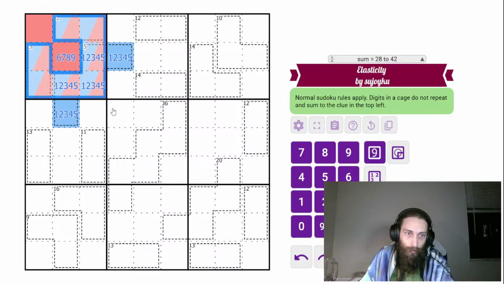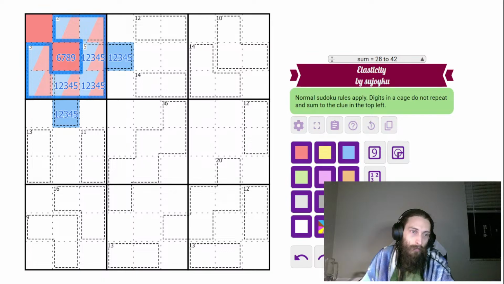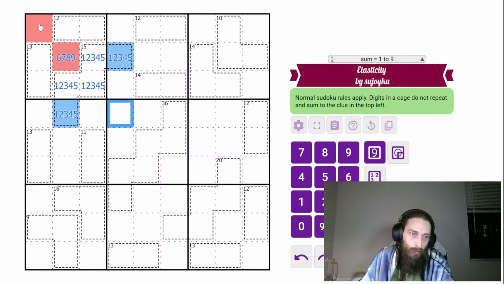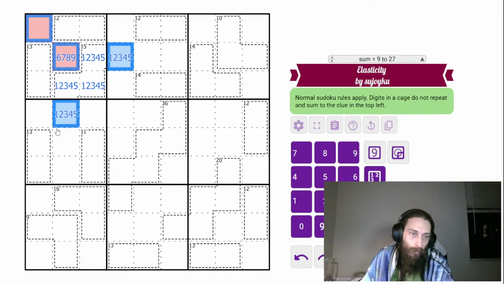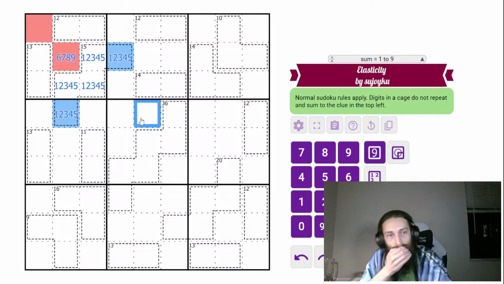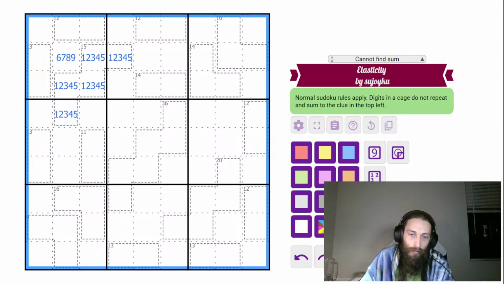So red is 45. And if we subtract out 40, red is 5 more than blue. That doesn't seem helpful yet.